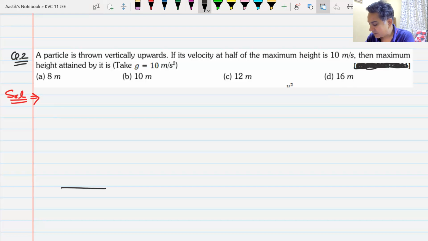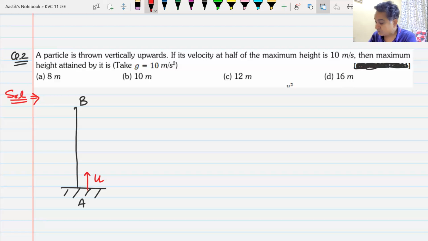You can draw a simple diagram if you want to. You can draw a simple tower. This is point A, this is point B. I throw it from here with a velocity u that I don't know. Then it reaches the maximum height, let us say h. I have to find out this h.